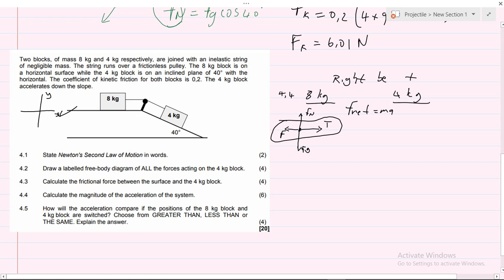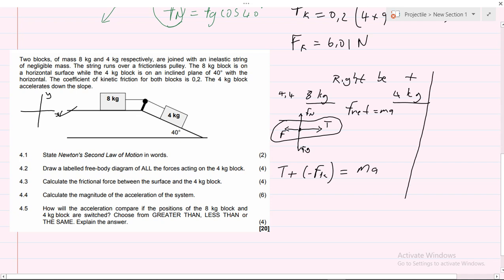So now we are adding all the forces. We are going to say T plus negative friction, since it is the opposer, is equal to MA. This is for the 8 kg block.